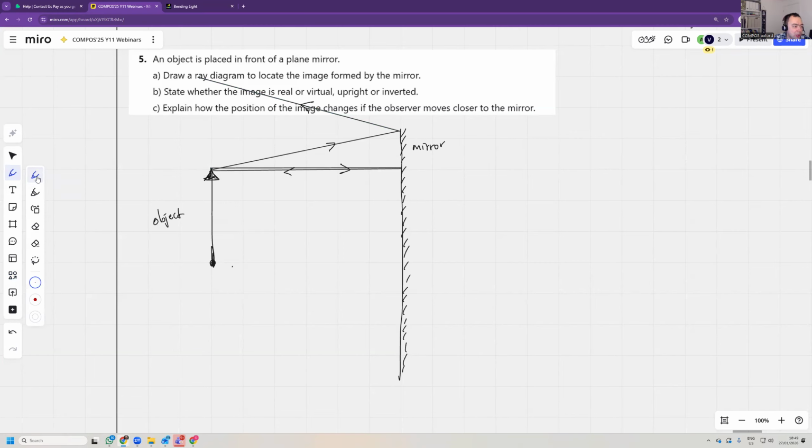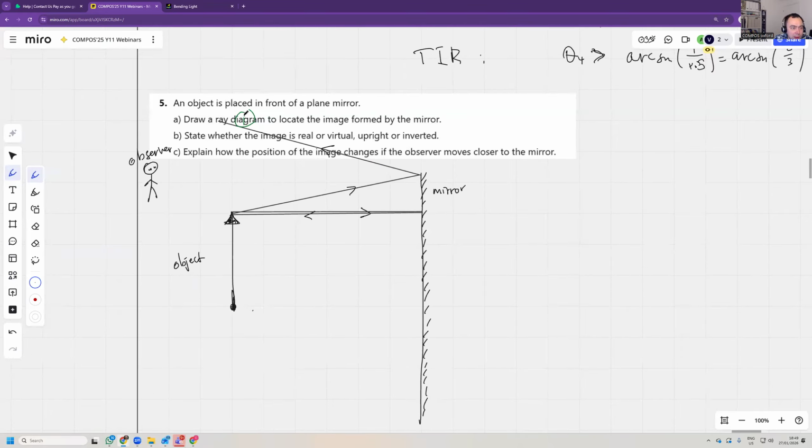So what does the observer see? If you're standing here, what do you see, observer? You see two rays of light. You see ray of light 1, and you see a ray of light 2. And you ask yourself, where are they coming from?